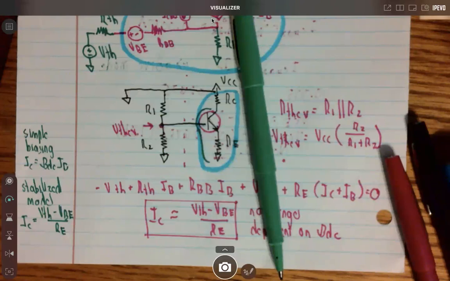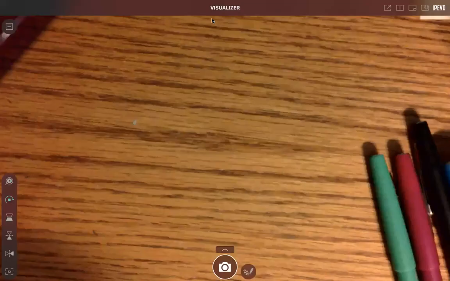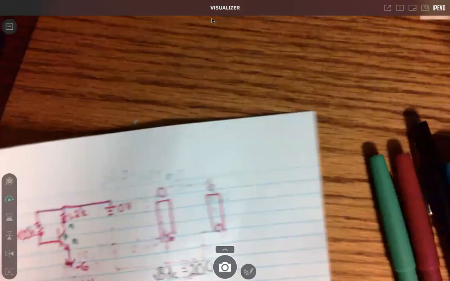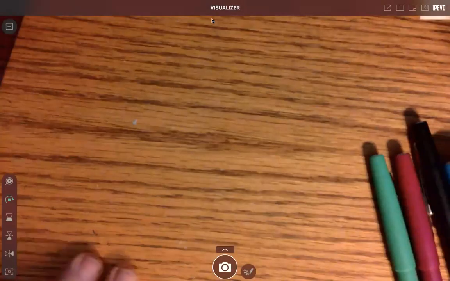And that's going to be a long derivation. So I'll walk you through it and why we use the hybrid pi model. However, I do want to introduce some terms here right before we get into it. So let's put these on the side.